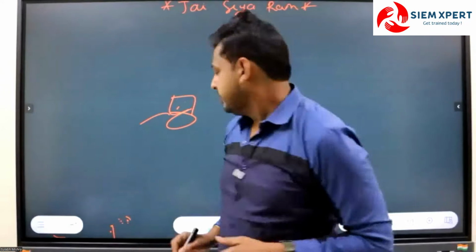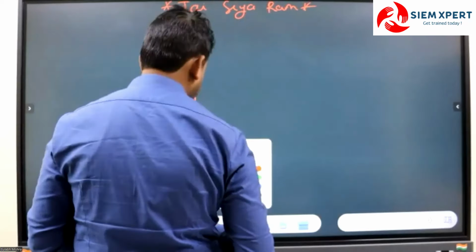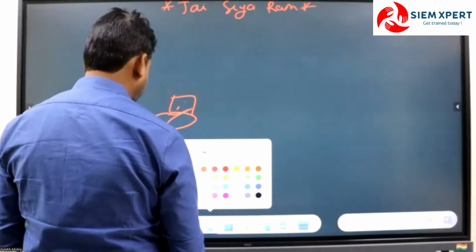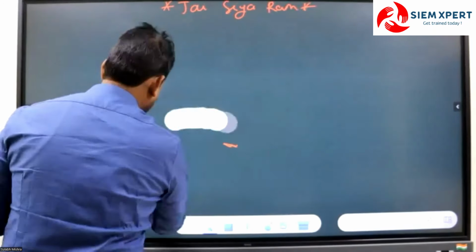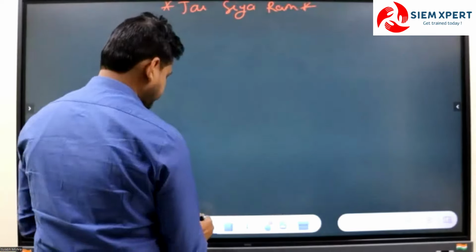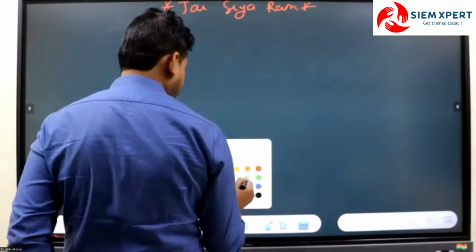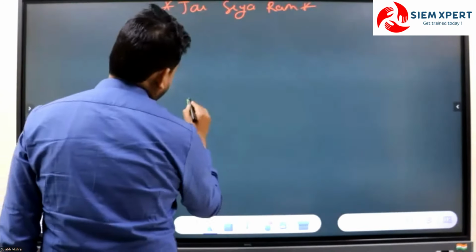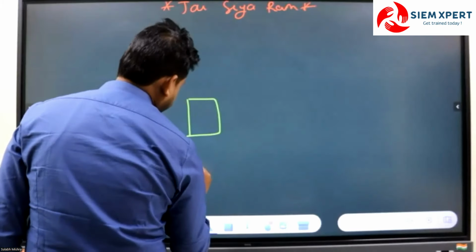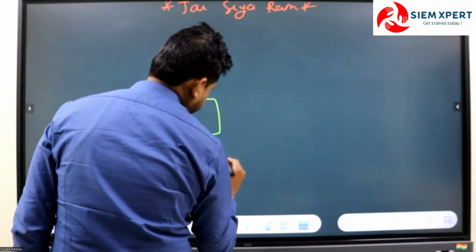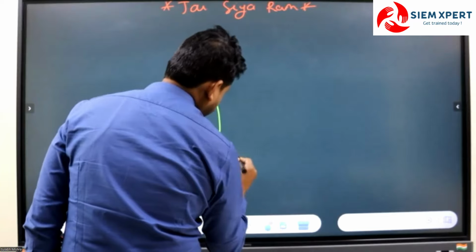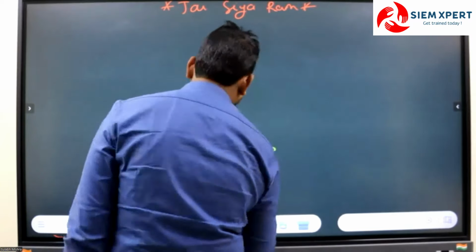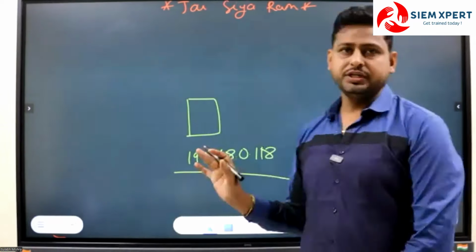Understand this, right? So first point, let me draw this first. For example, your heavy forwarder IP address is 192.168.0.118. In this server, we have installed Splunk. Let's suppose this is the heavy forwarder.